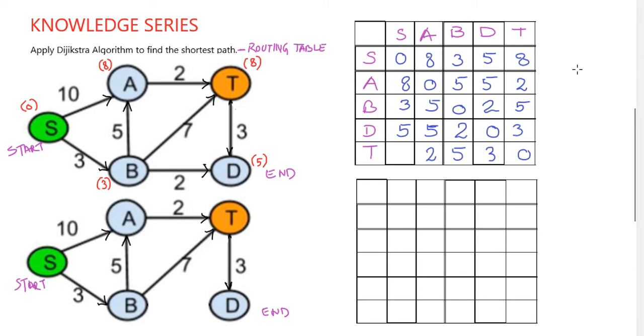And T to S, based on the different conditions, we will be seeing it as 8, because S to T is already 8, so you are getting that 8 over here. The only case is A to T, it was 2, so that's why T to A is again 2. So like that, different combinations we are putting in based on the first factors.